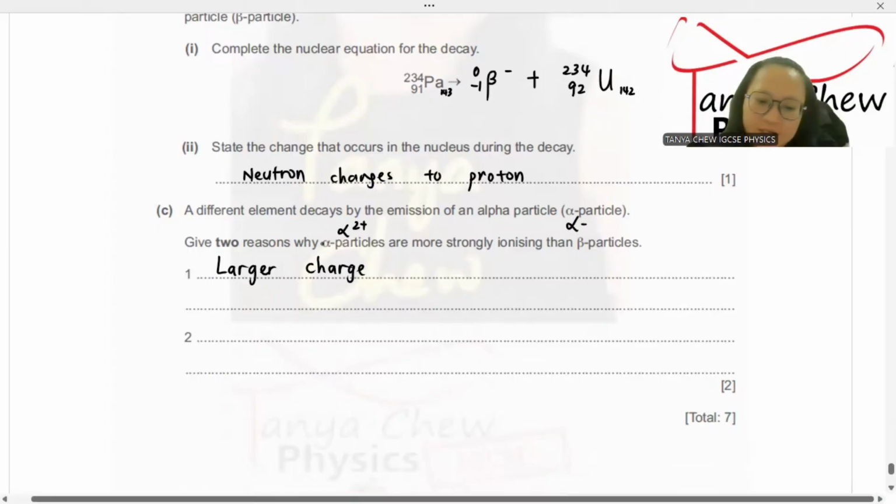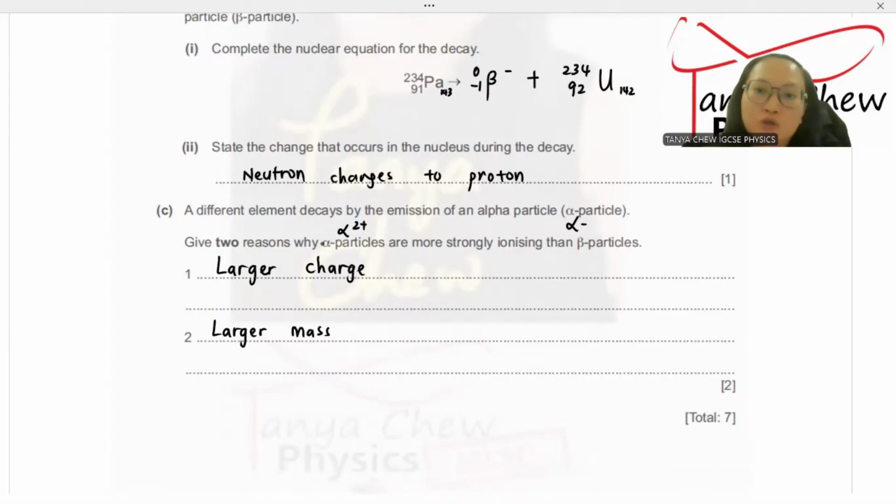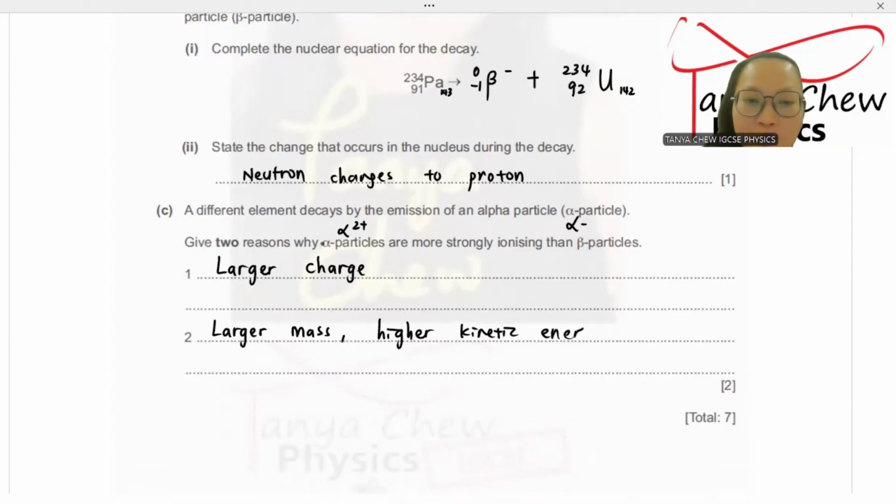And second, the alpha particle has a larger mass as compared to beta particles. So larger mass indicates higher kinetic energy of the alpha particles as compared to beta particles.